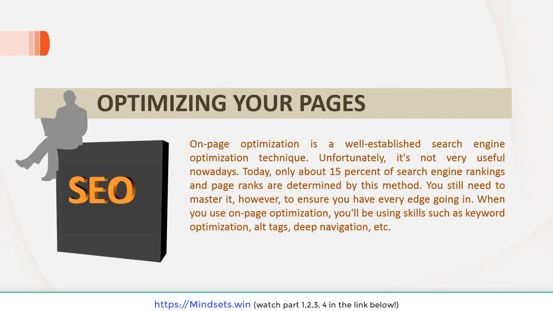Also scroll rates. Scroll rates now have an impact on SEO. So you want to make sure that you're managing scroll rates and bounce rates. You want to make sure that your content is engaging and that your visitors are sharing it. So social share signals are also an implication of on-page optimization.